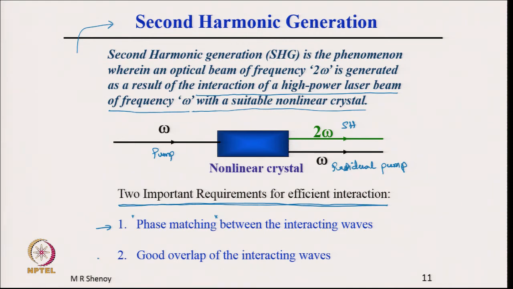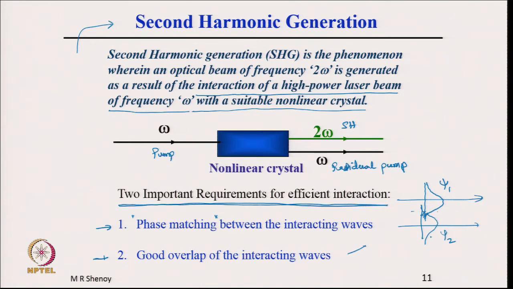The second one is that there must be good overlap of the interacting waves. What this means is, if we have a wave at frequency omega 1, psi 1, and both of them are propagating in the medium, if they are separated in space, for example, like this psi 2, then the region where they overlap is very small.